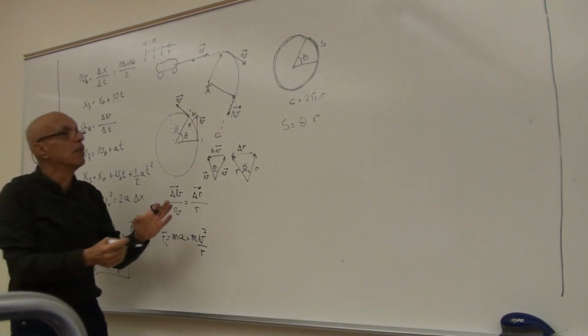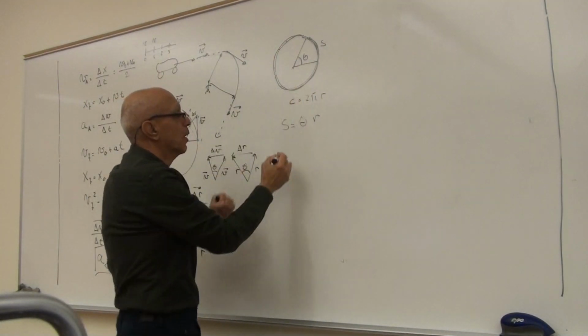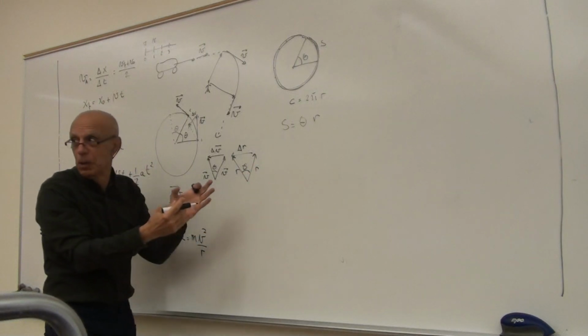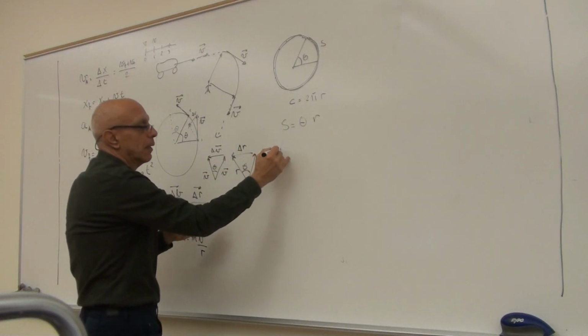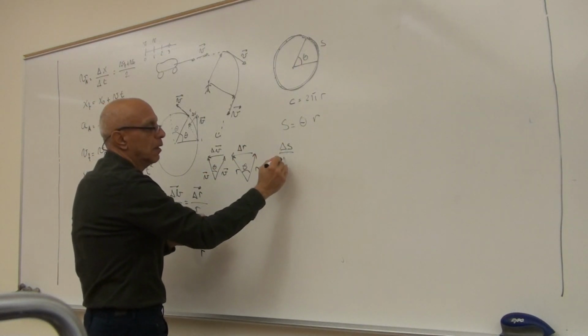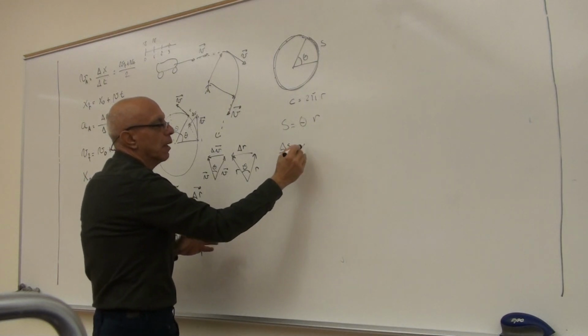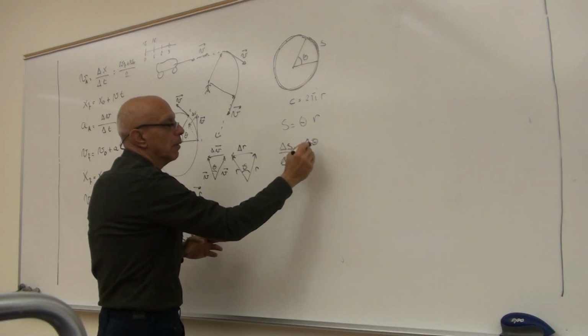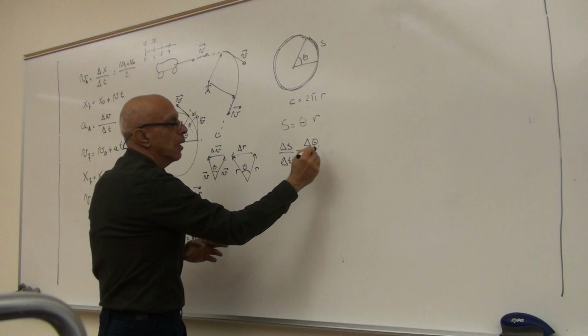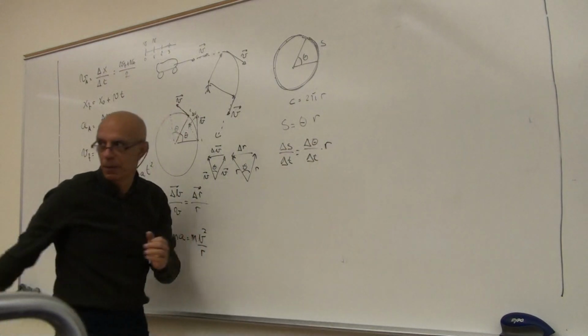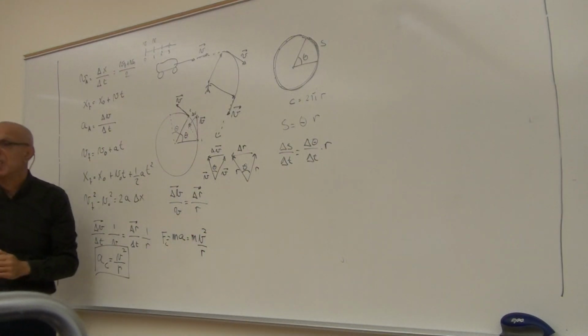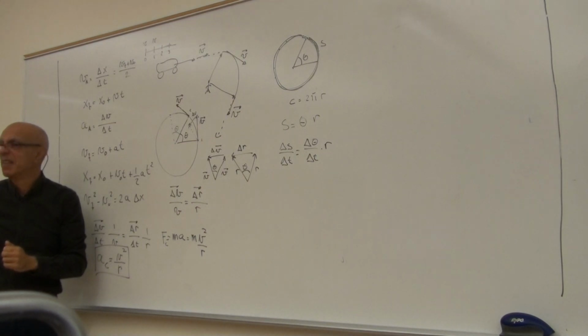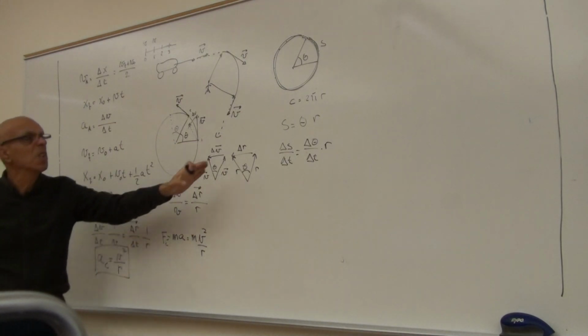Now, if I want to see how this thing moves, I'm going to see the delta S divided by delta T is going to be delta theta divided by delta T times R. Is that okay? Do you guys see what I'm doing here?